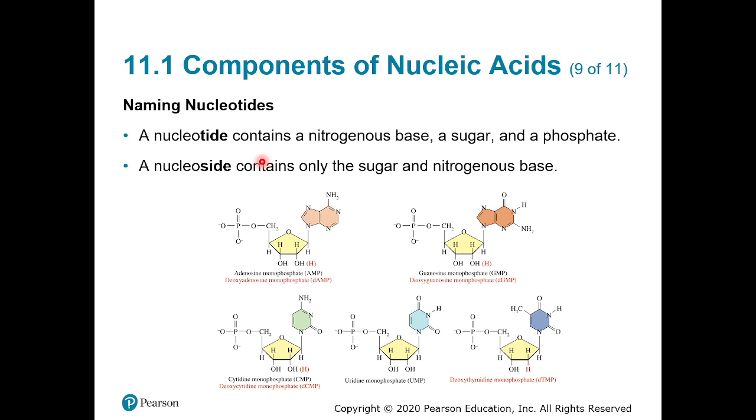Nucleoside is just the sugar and base. It doesn't have the backbone. So it's the side off the backbone, right? And there are our different ones. Notice, by the way, UMP right here. The U is uridine, M for mono, and then phosphate.